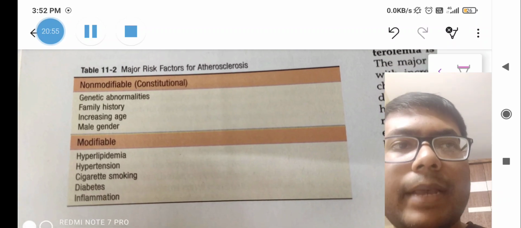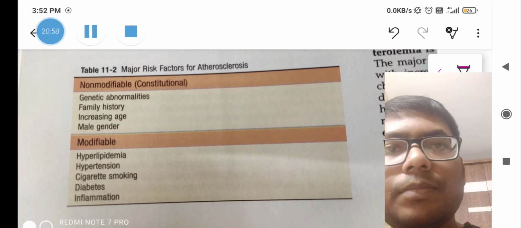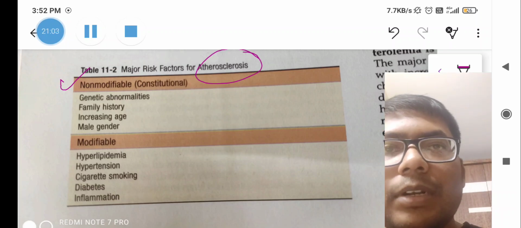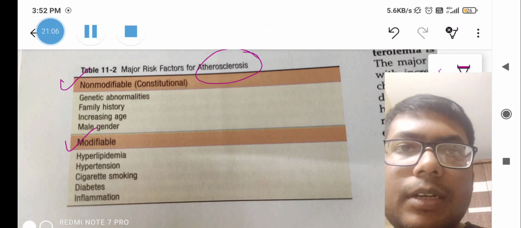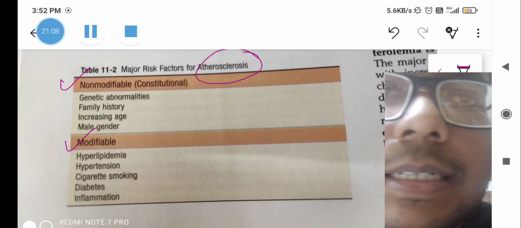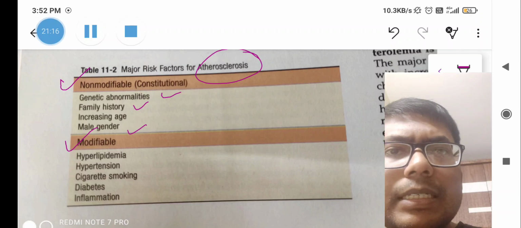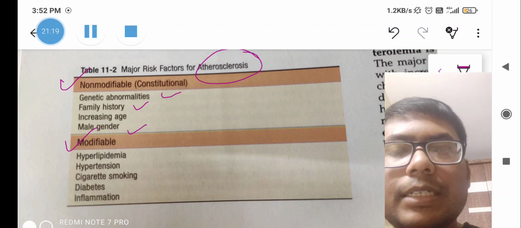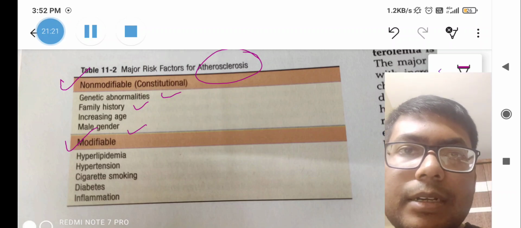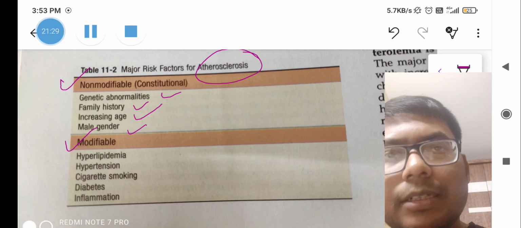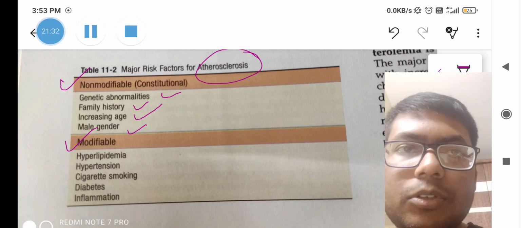Now what are the risk factors for arteriosclerosis? One is the non-modifiable risk factor, another is the modifiable risk factor. Non-modifiable are genetic abnormality, family history, male gender, increasing age, and constitutional factors such as type A personality.